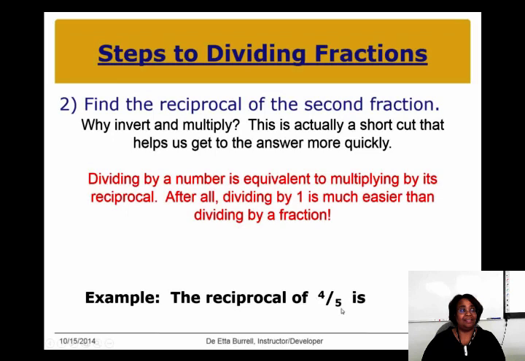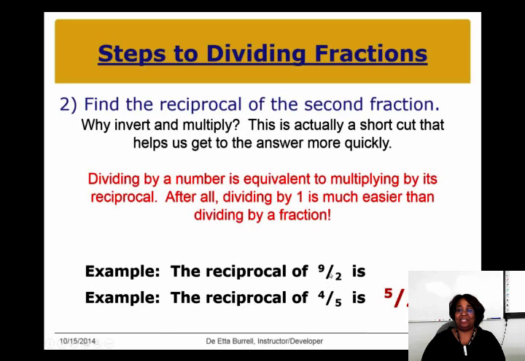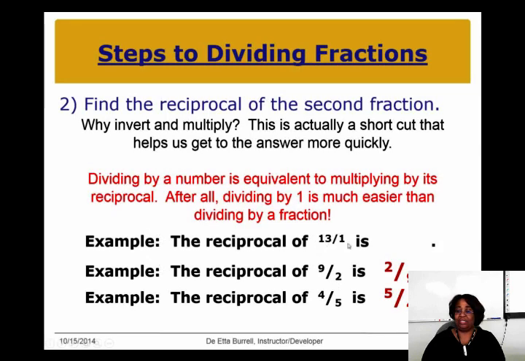Oh, 5/4. 5/4, okay. What is the reciprocal of 9/2? 2/9. 2/9, okay. And what is the reciprocal of 13/1? 1/13. 1/13, okay. So the reciprocal is just the numerator and denominator switching places.